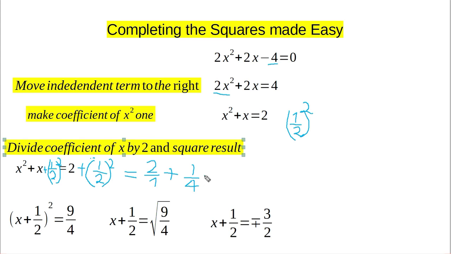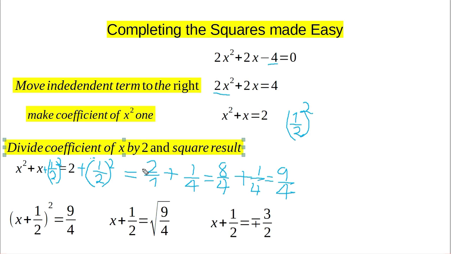This will give us 8 over 4 plus 1 over 4, which gives us 9 over 4.